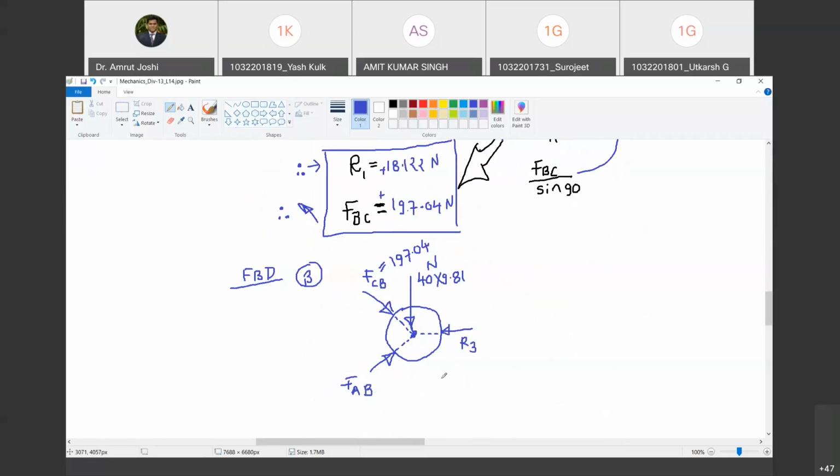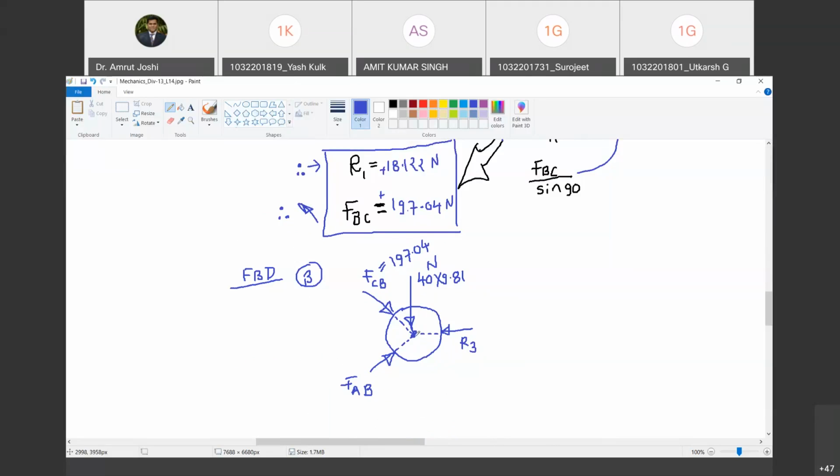Tell me how many unknowns are there? Two unknown forces are there. If I would have drawn the free body diagram of sphere B first, how many unknowns would have been there? Then in that case, FCB would have been unknown. Do you agree with me? Yes. Then we would have had three unknowns. But how many equations do we have? Summation Fx and summation Fy. Two equations.